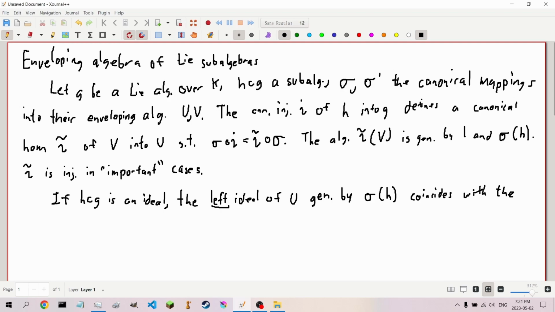Once again, I did not read ahead. So it is in fact two-sided. I'm going to call it R.